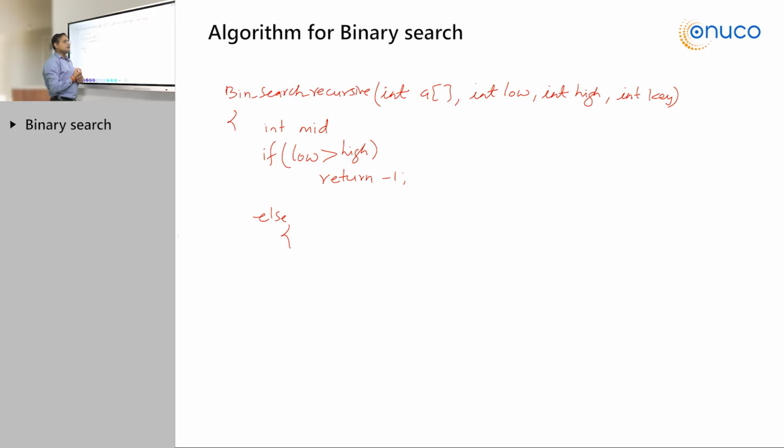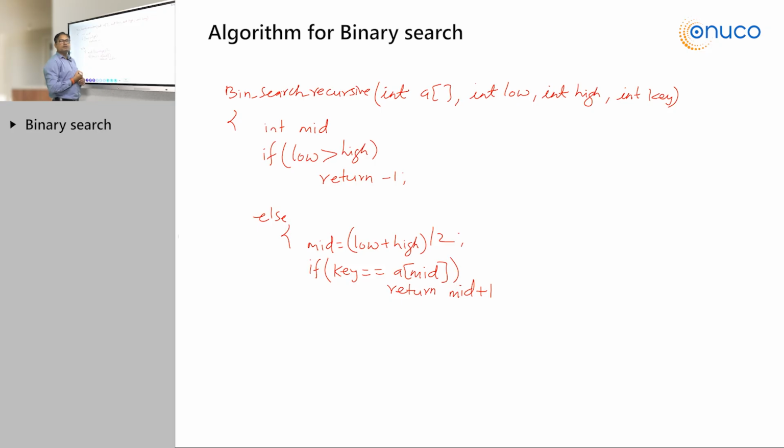We have discussed 3 cases. What are the cases? First, we find mid is equal to low plus high divided by 2. Once mid is computed, then what did we do, friend? 3 comparisons we have done. So let us write all the comparisons. The first comparison is: if key is equal to a of mid, then return mid plus 1.